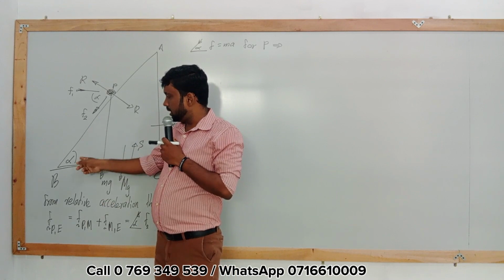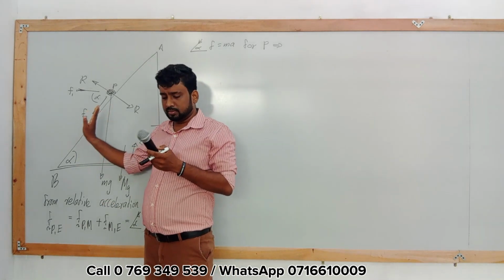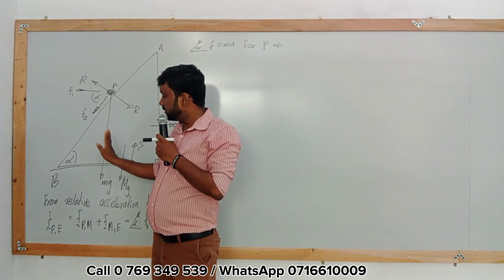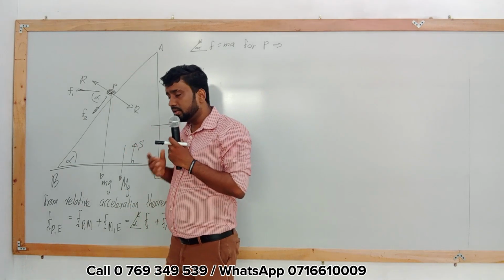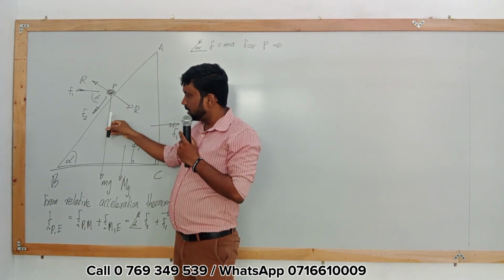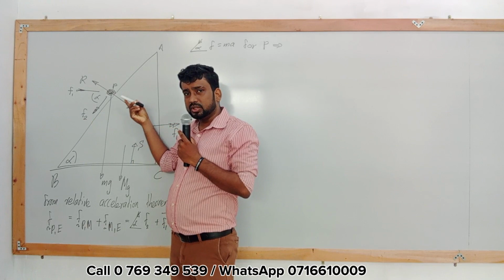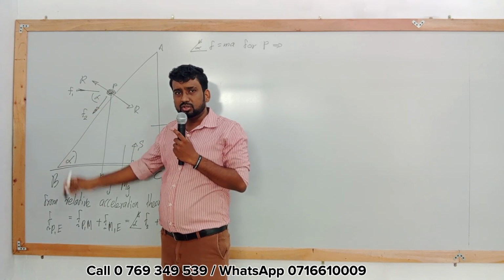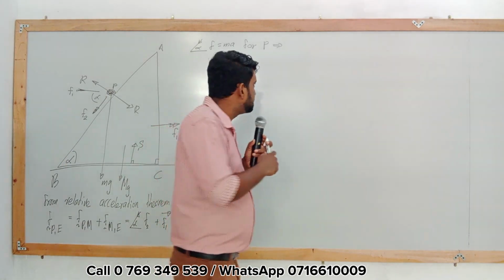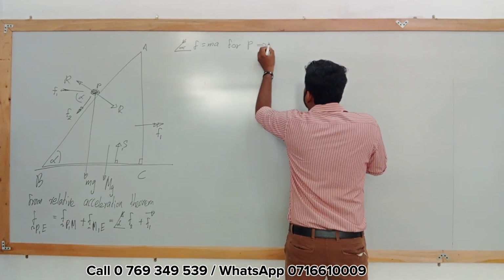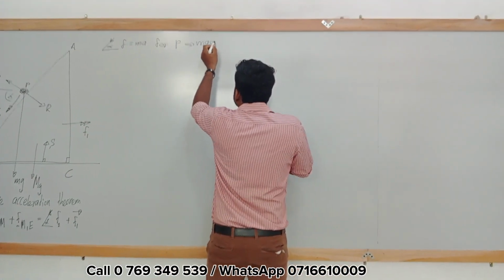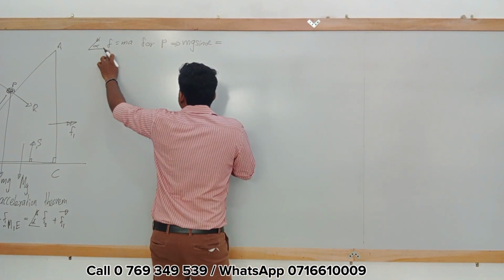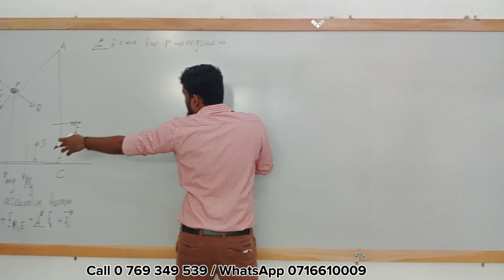Mg, here alpha, then this one is mg sin alpha, right? Here mg, here sin alpha, here cos alpha. This component should be mg sin alpha. Mg sin alpha equals, that is F complete, M. M is also the same M.